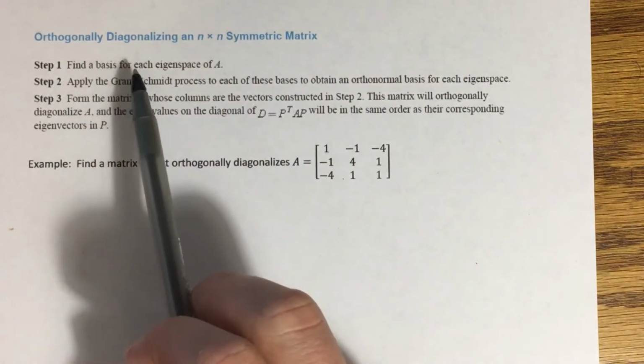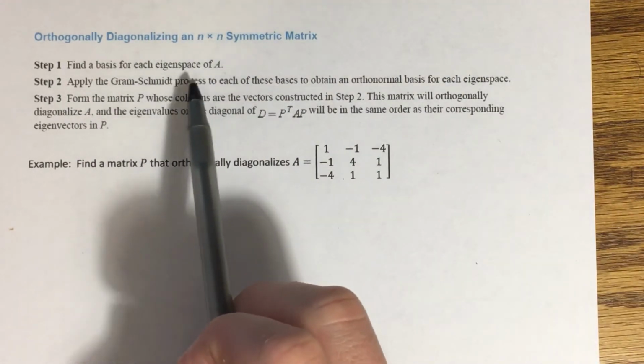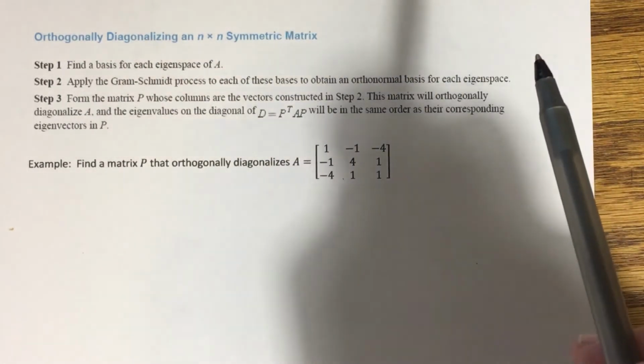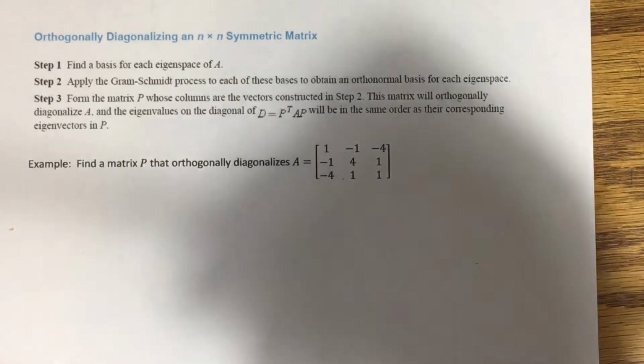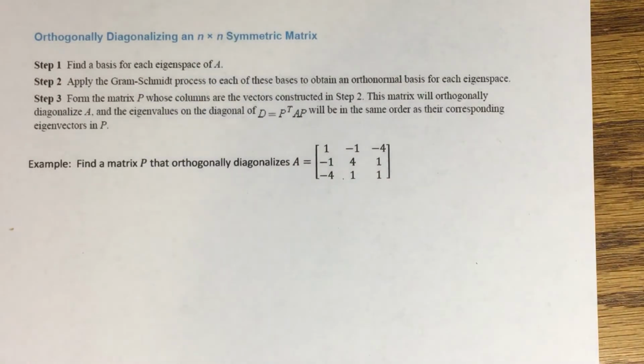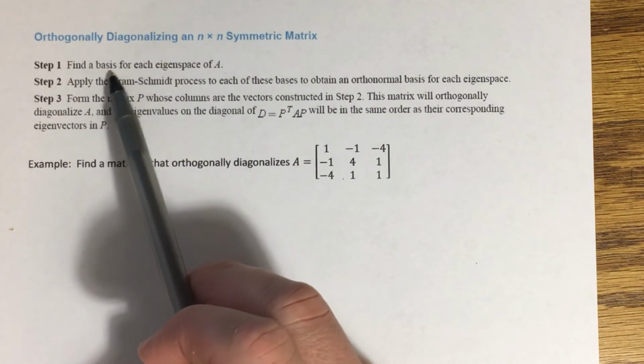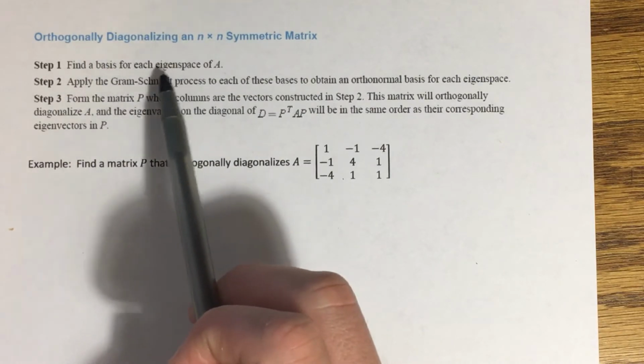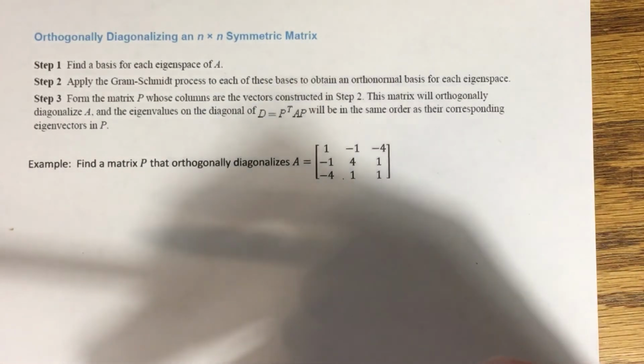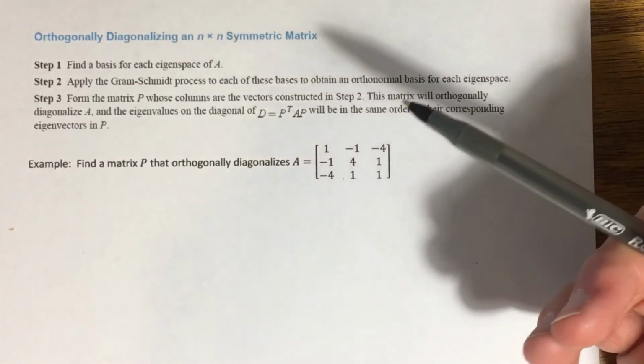Normally, the bases for the eigenspace of A would be loaded as columns into the matrix P, and then that would be the matrix that diagonalizes A. However, depending on how you find this basis, putting all of those vectors into P may not give you an orthonormal set.